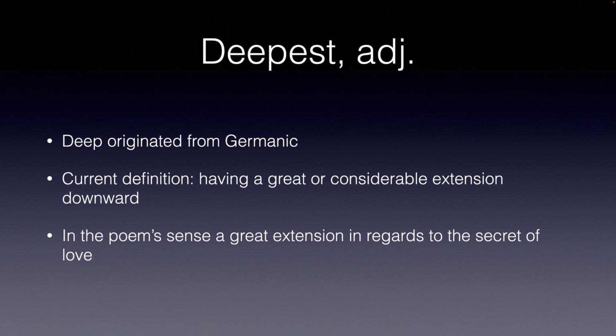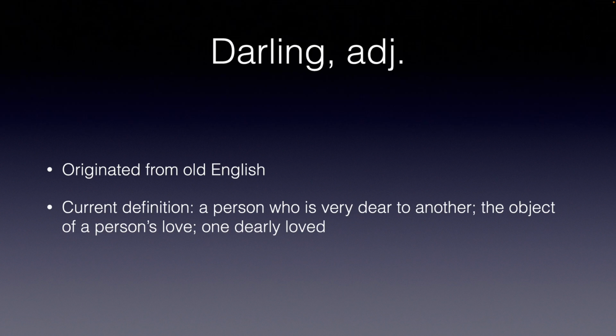It's this great love, this deep love, that extends forever in the case of the poem. Next one is darling. This one again was kind of tricky. I believe it originates from the Old English language as well. The current definition is a person who is very dear to another, the object of a person's love, one dearly loved.